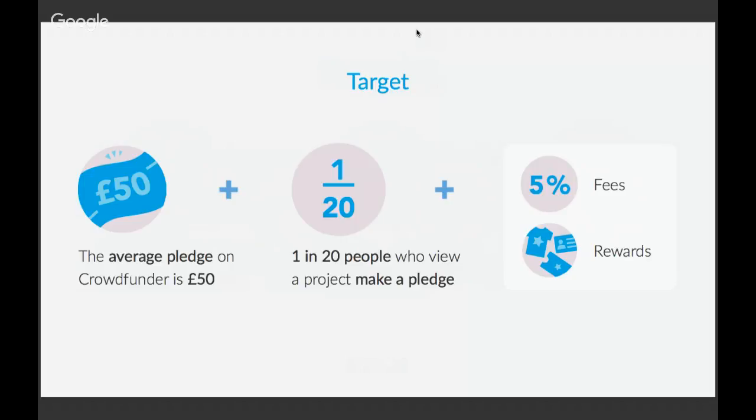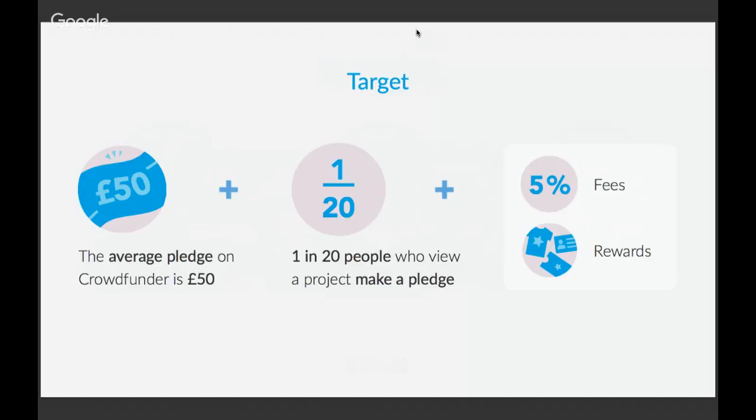So by working out 1 in 20 people who look at your page will make a pledge, and working out how much on average people will give, you can figure out how many people do I need to reach in order to raise the amount that I need. And then you can look at your network map and see if the two match up.